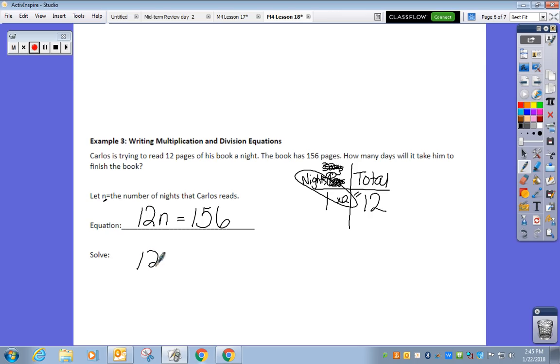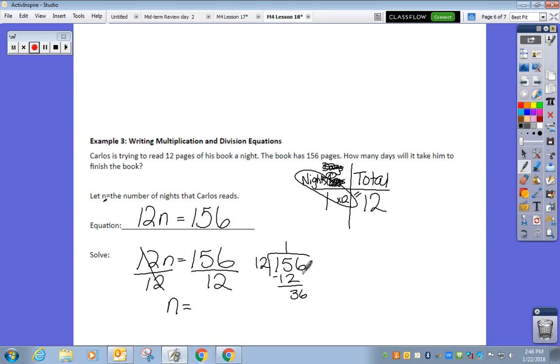So to solve this, since we're multiplying, we're going to use division, and we're going to divide both sides by the number that's next to the variable. So we'll divide both sides by 12. These 12s cancel each other out, leaving me with my variable. I'll need to divide here. And I get 13.